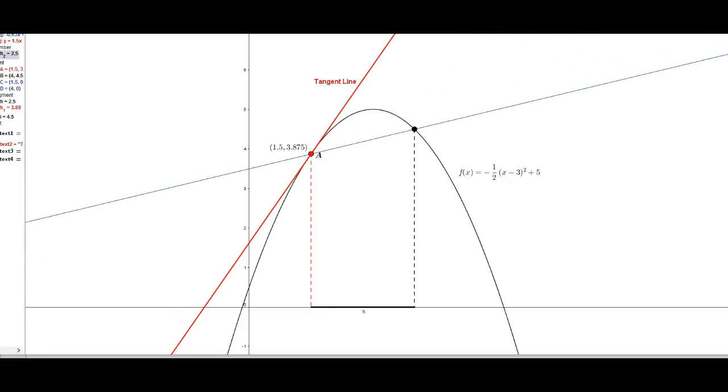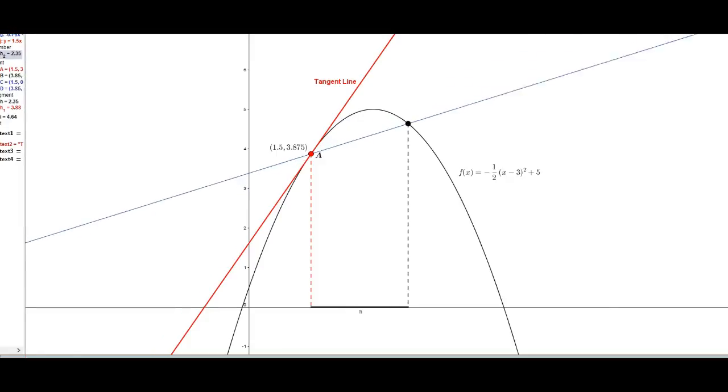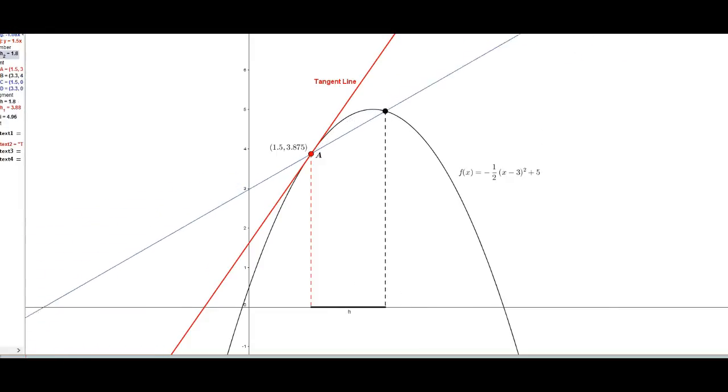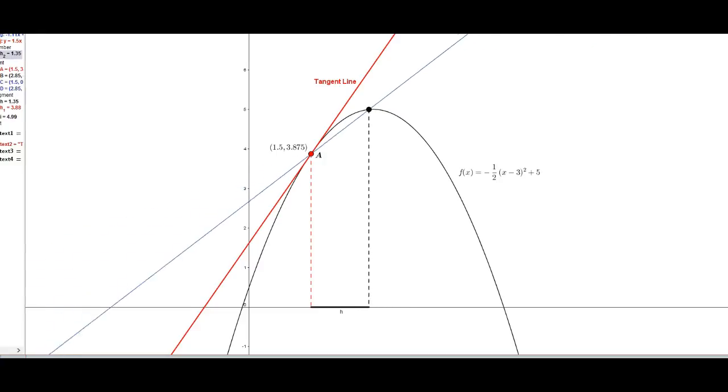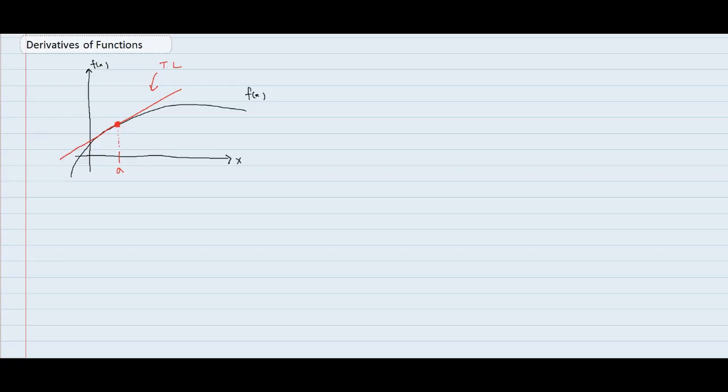Now I would like you to have this image in your mind, and we are now about to define exactly what the derivative of a function is at some given point a. So in order for us to come up with the slope of that tangent line, as we did earlier, we can take another point right here.